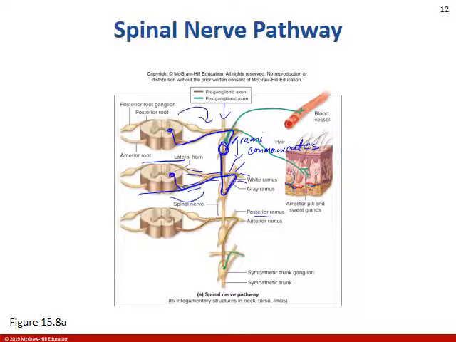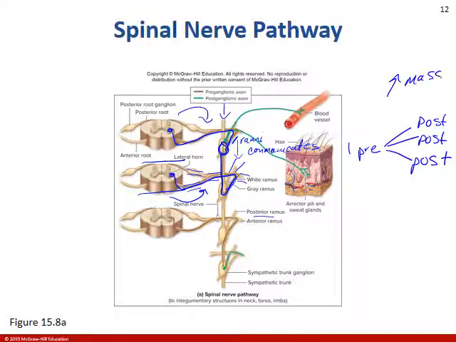So this is how we can have one pre that's basically talking to several post-ganglionic neurons. And again, when we're talking about this sympathetic, we're talking about kind of mass activation, getting everybody going in the same path with the same message.